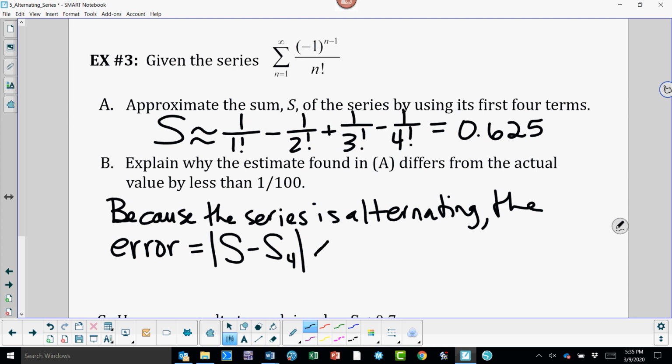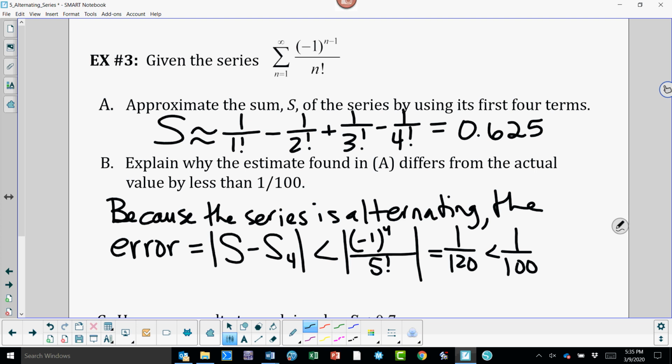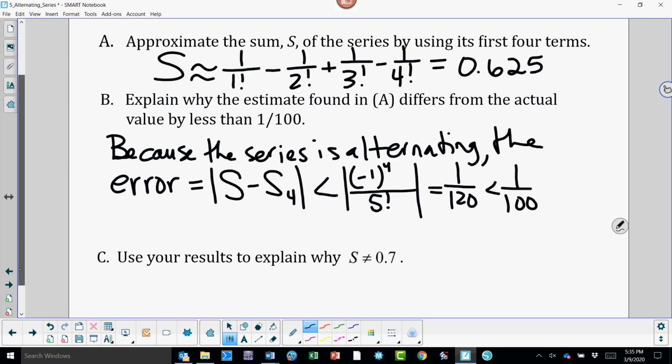We know that has to be less than the absolute value of the 5th term. That's -1 to the 4th over 5 factorial. Well, that happens to be 1/120, which is less than 1/100, which is what we were asked to show. So the error is less than 1/120th, which is certainly less than 1/100.